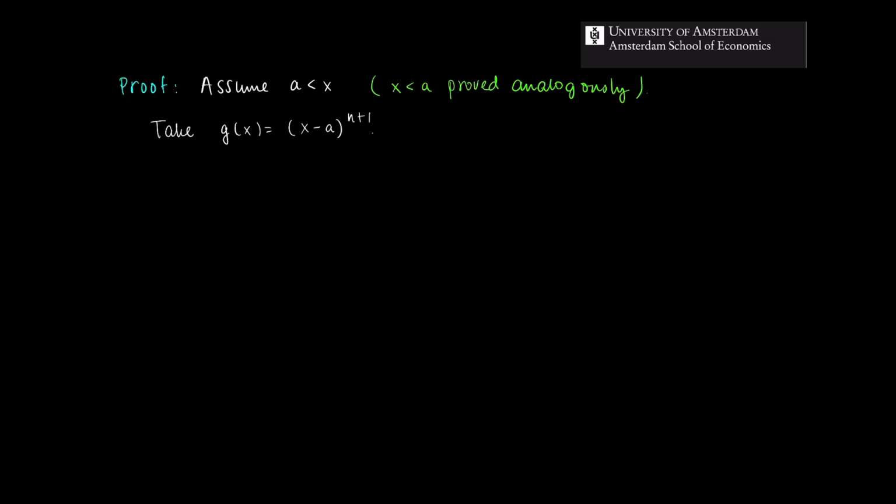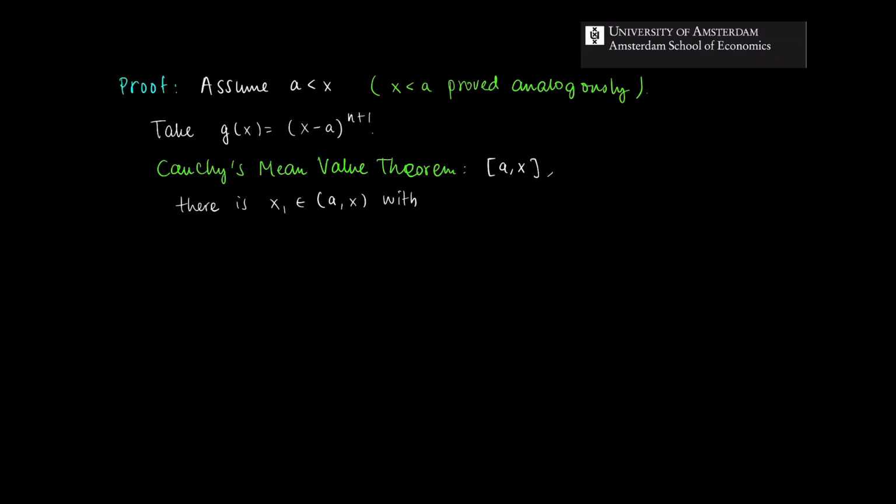Okay, now let's go. Cauchy's mean value theorem now states that inside this interval (a, x), there should be an x1 contained in the open interval such that f(x) divided by g(x).